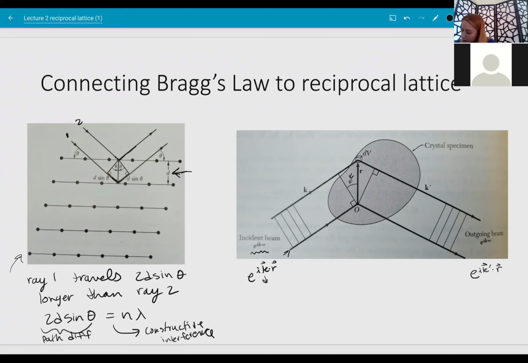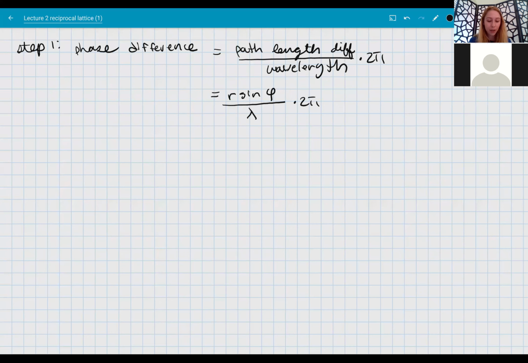Essentially, this is the path length difference, and you can see graphically that it is equal to r sine phi. This is just answering the question: how much longer does a beam that comes in over here travel relative to a beam that comes in over here? That is what we have here.